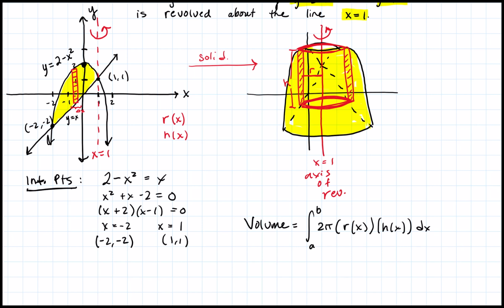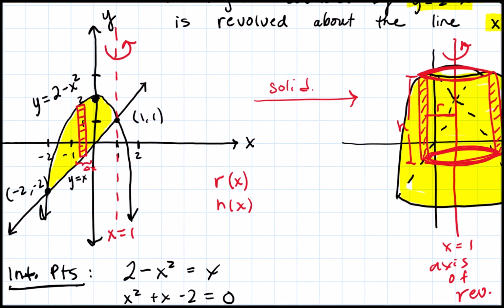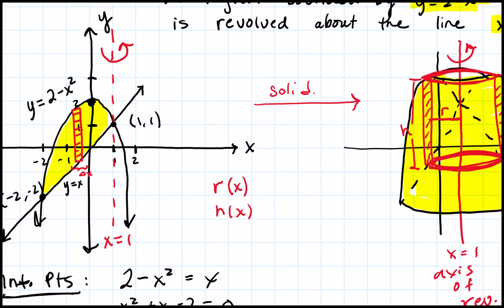So let's go ahead and get in here and think about that relative to the region. I'm going to zoom in a little bit so that we can really look at this region. This is going to be the radius of the shell, this length from here to here, so that's r, and this is going to be the height of the shell.